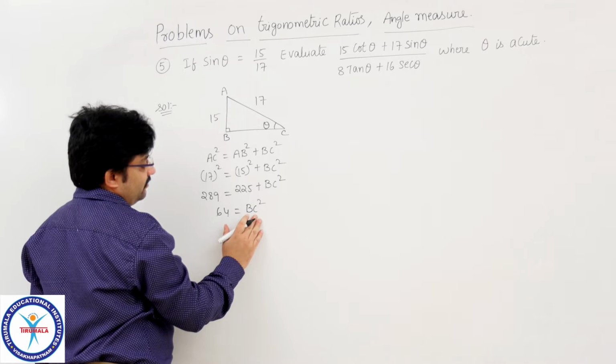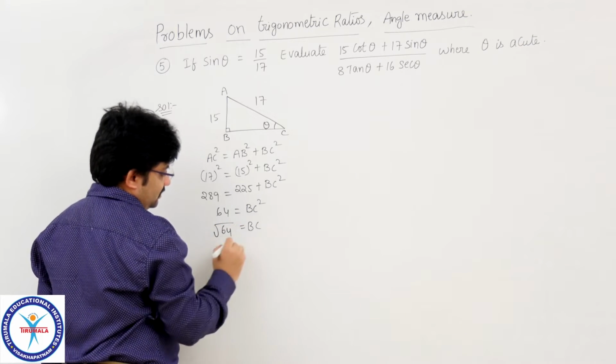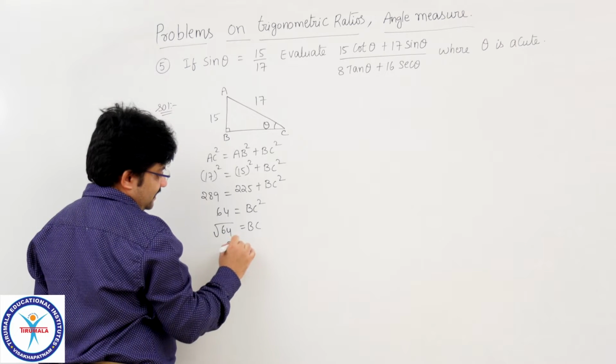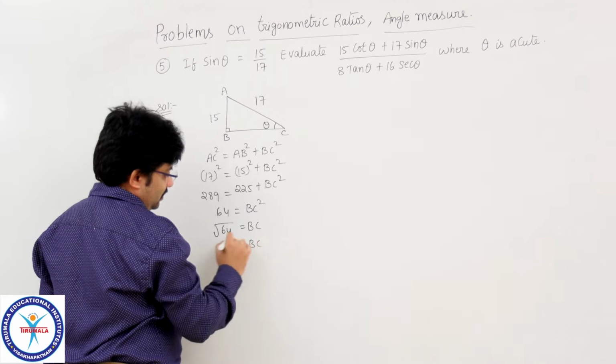Then we need to find the value of BC. Therefore, root 64 is equal to BC. Square root of 64 is 8 centimeters, that means 8 units. BC is equal to 8 units.